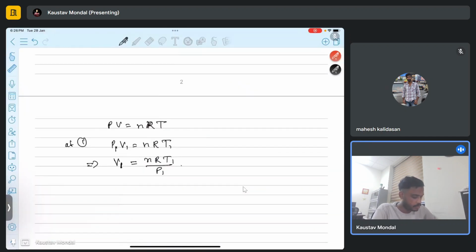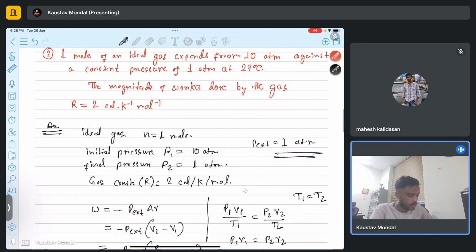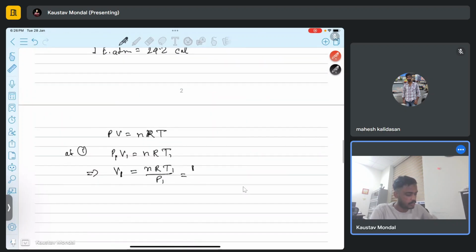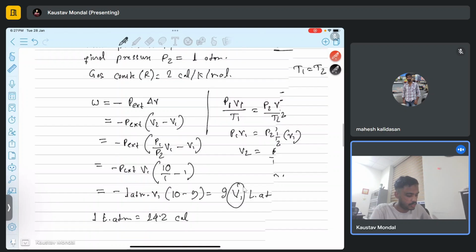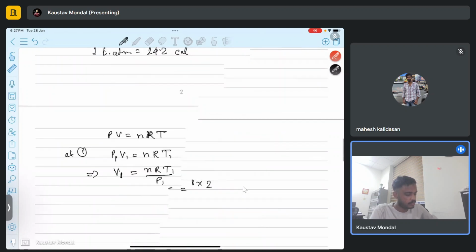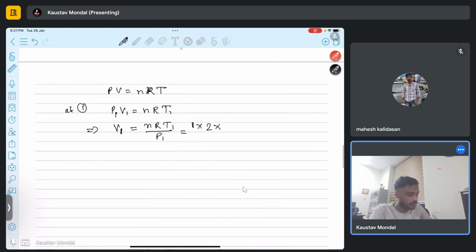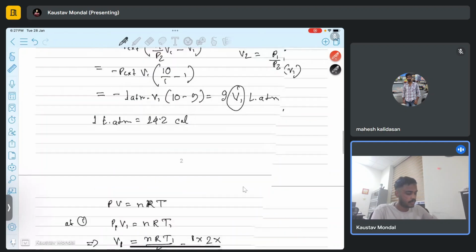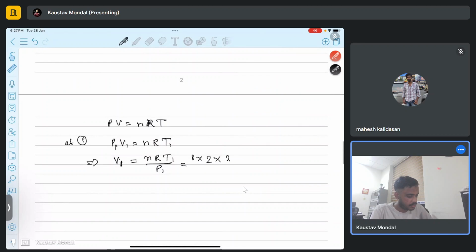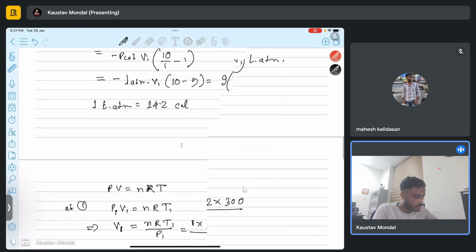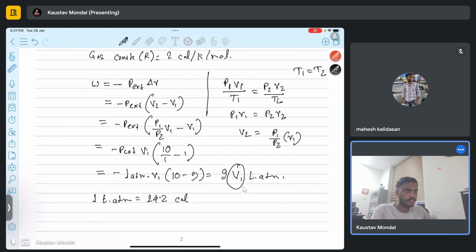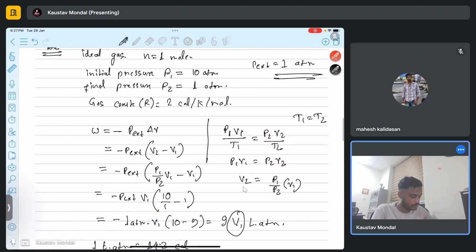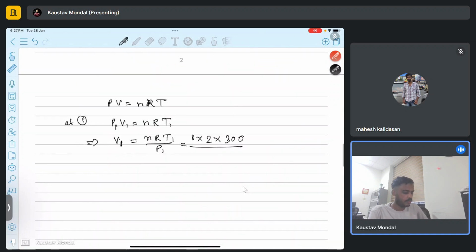So nRT1 by P1. The R value we already know. In the question it's already given as 1 mole, so 1 mole into R, which is 2 calorie per Kelvin per mole. T1 is fixed throughout this entire process, so it is simply 300, and P1 is 10.